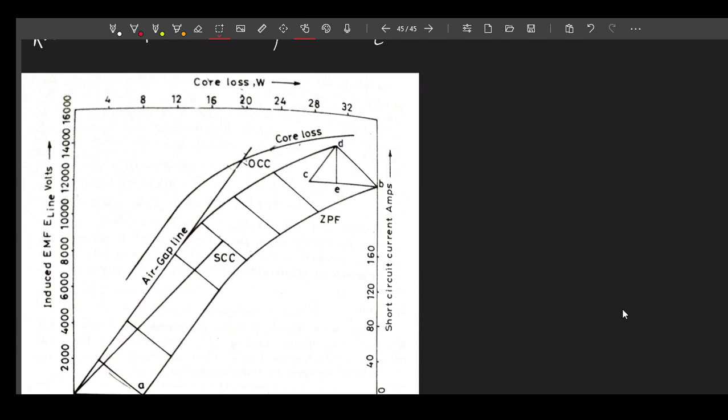So on the OCC curve, whatever is for cylindrical, the same type of nature you will get for your salient pole machine. Talking about SCC and zero power factor.